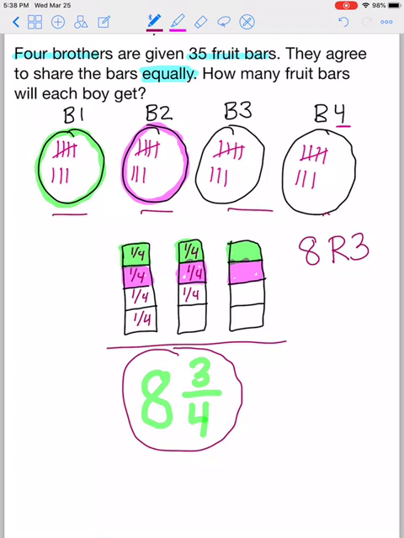So now let's look at a problem where the remainder can be ignored. We don't have to deal with it. So this is an example of a remainder that can be ignored. 3 children wish to divide 16 toy cars equally. What is each child's share?